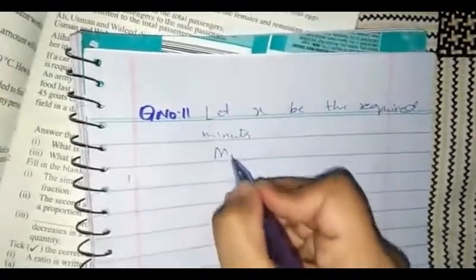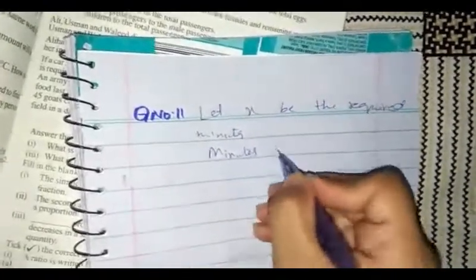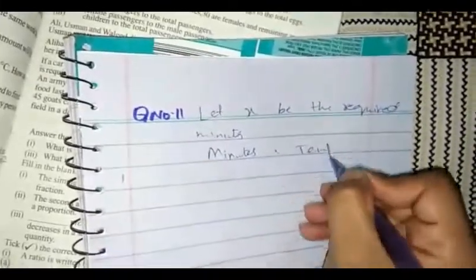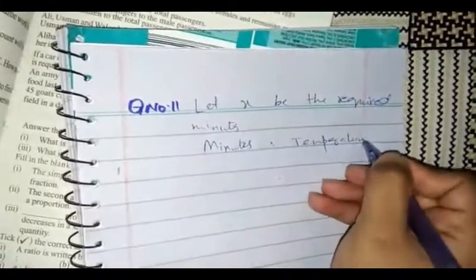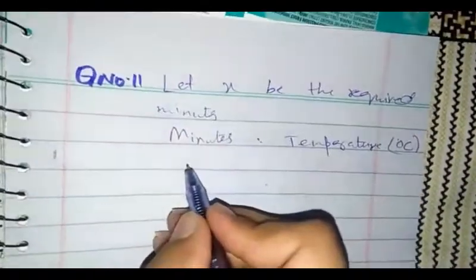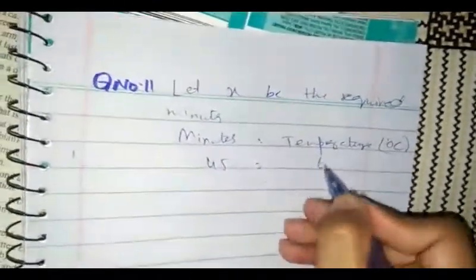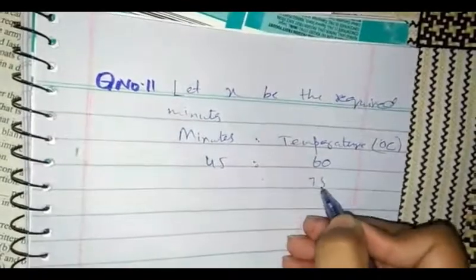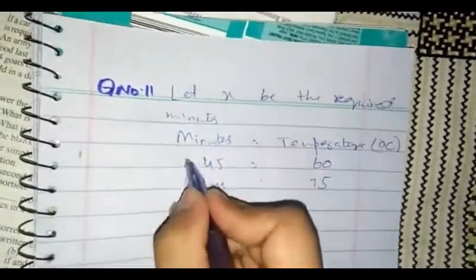So this is the ratio between minutes and temperature. The unit of temperature is degree centigrade. So first we have 45 minutes of work at 60 degree centigrade, and then the temperature increases to 75 degree.